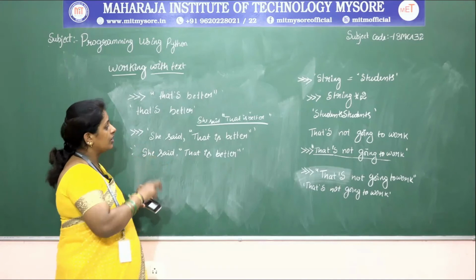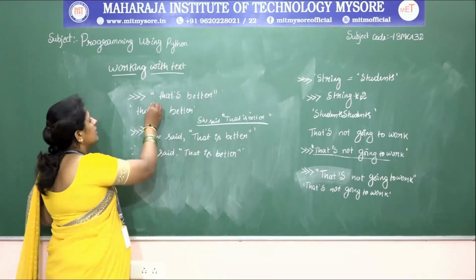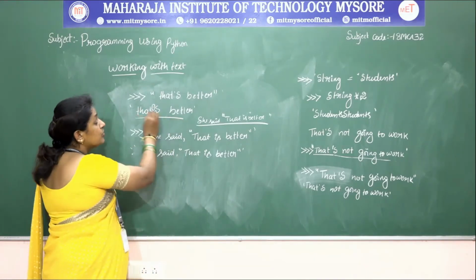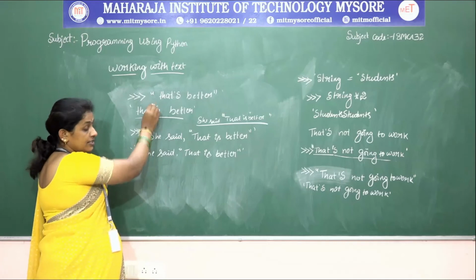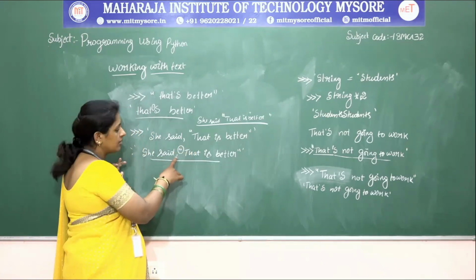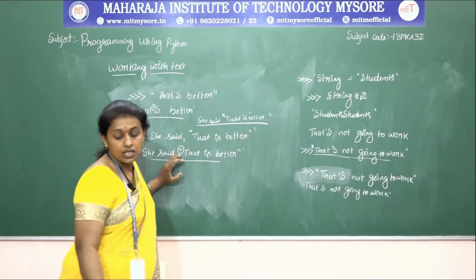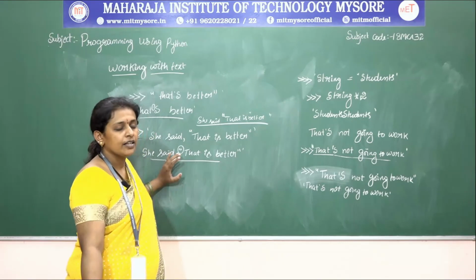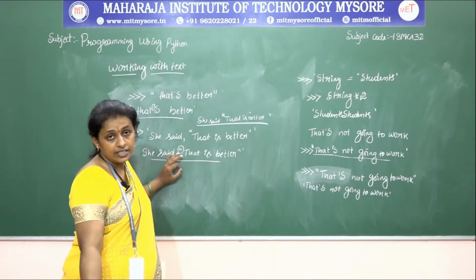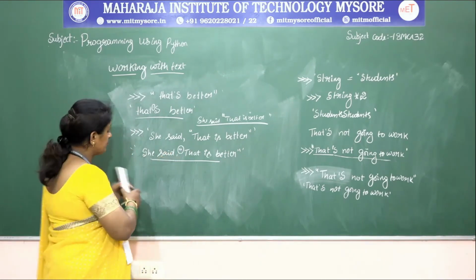So with respect to this example, I am using only a single quote. For this example, I am using one double quote. So if I need both a single quote as well as a double quote in a sentence, we need to write like this.